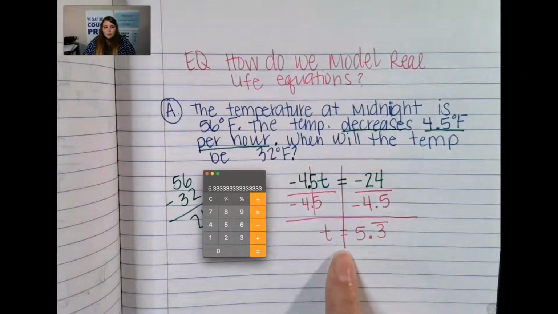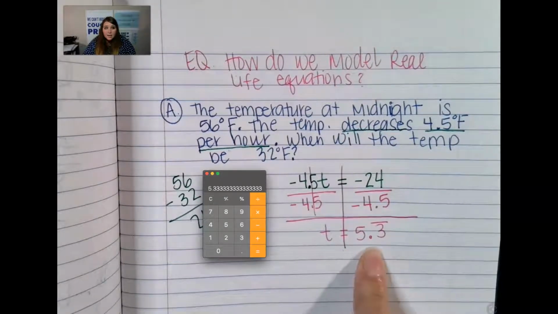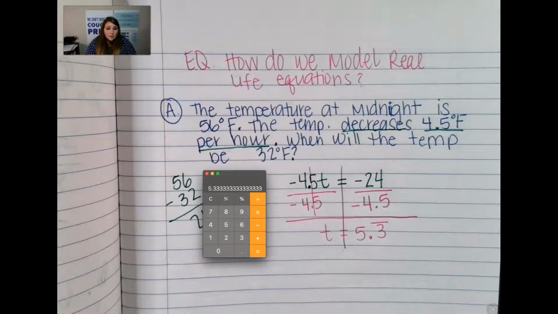Well, it means it will be 32 degrees Fahrenheit after 5 hours and 1/3 of an hour. Or, 3/10 of an hour. 3/10 of an hour is going to be the same thing as 1/3, right? Yeah, 1/3. So 5 and 1/3. So after 5 hours and 1/3, or 5:20 a.m.